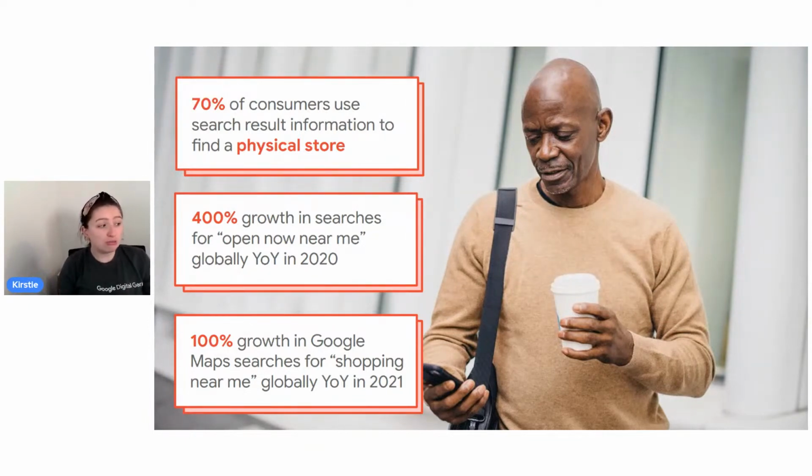And there's been a 400% growth in searches for that term, open now or open now near me. 400% year on year. This is a search term that is being used more and more as we progress in time. And 100% growth in Google Maps searches for shopping near me globally year on year, and this stat is from 2021.